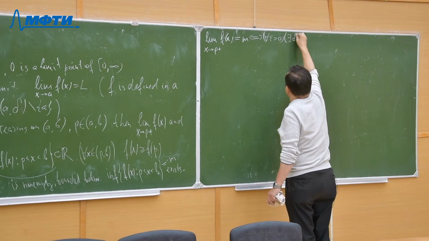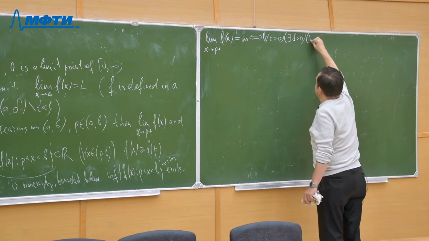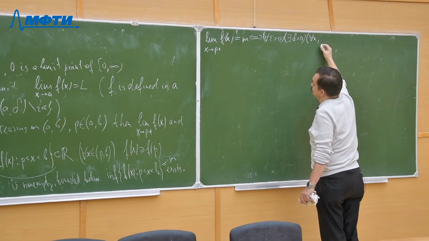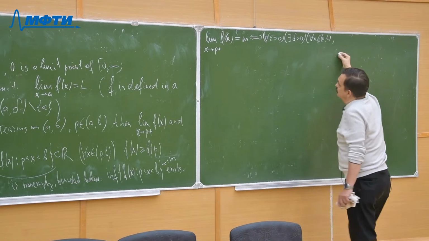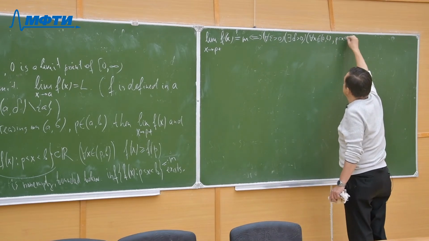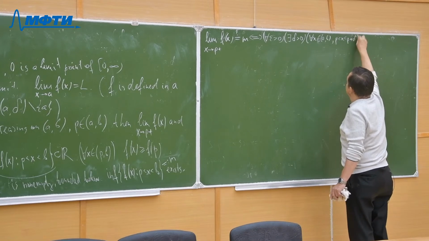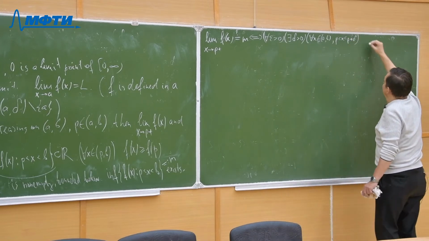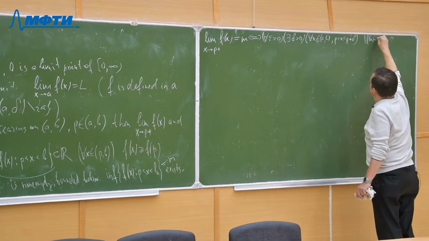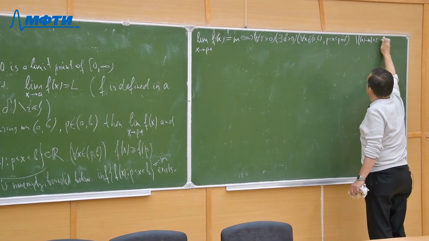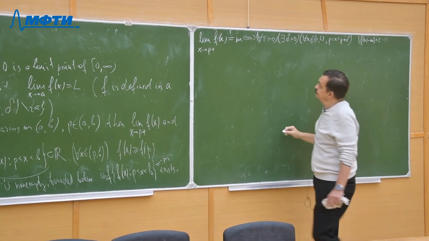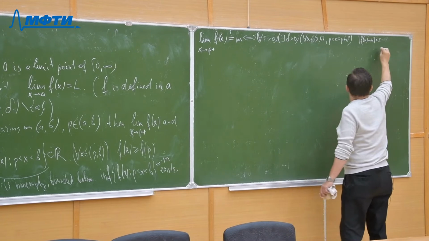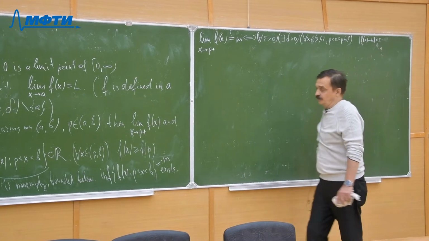For every epsilon greater than 0 there exists delta greater than 0, such that for all x in (a, b), p less than x less than p plus delta, we have |f of x minus M| less than epsilon. That is what we want to prove.